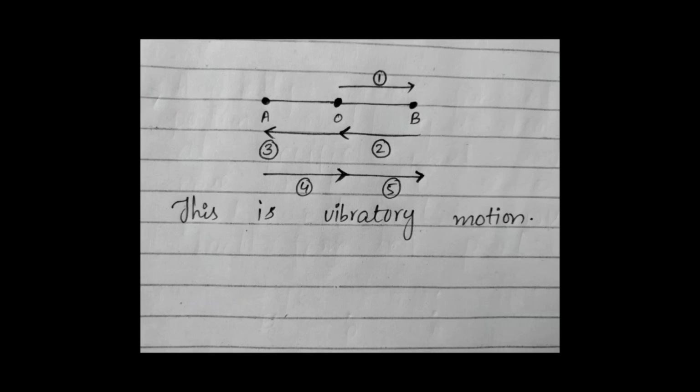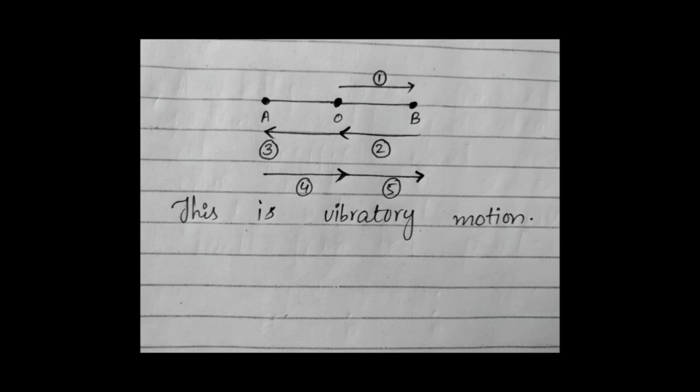I will explain to you what vibratory motion is. Suppose an object of mass m is initially at rest at position O, and we disturb the object from position O to position B. It is the first step, and then we release the object at point B. Then it automatically moves to position O, and it will not stop here.